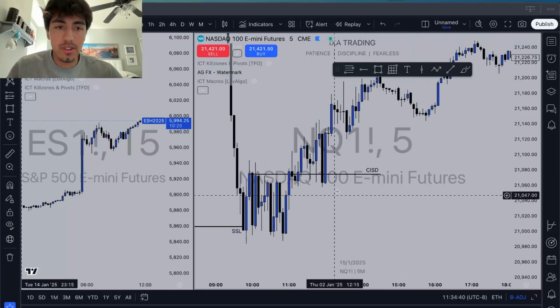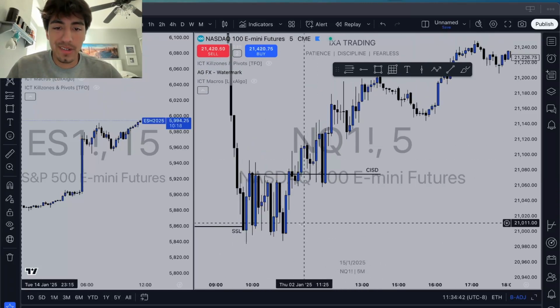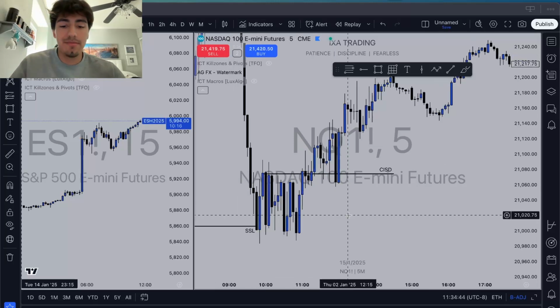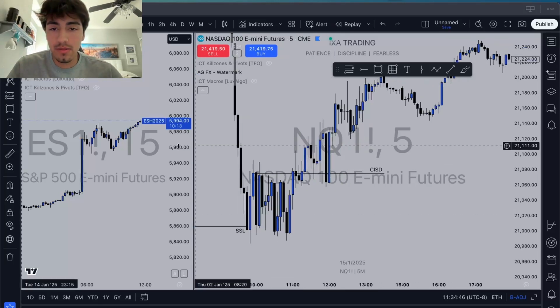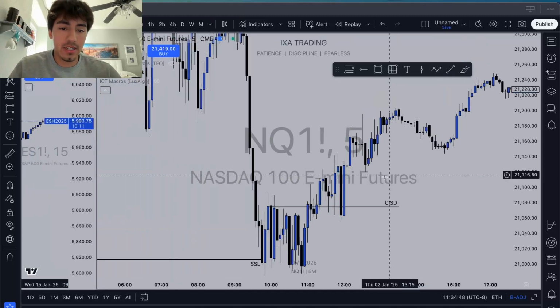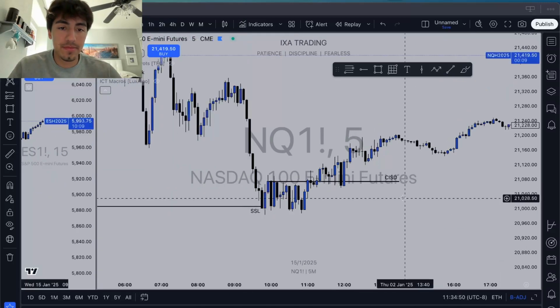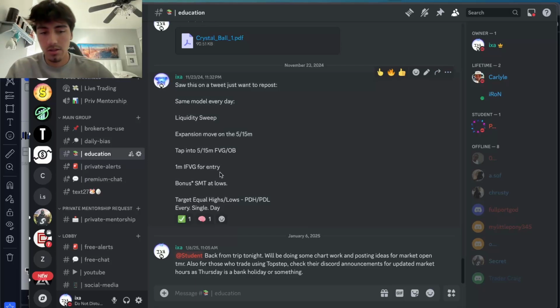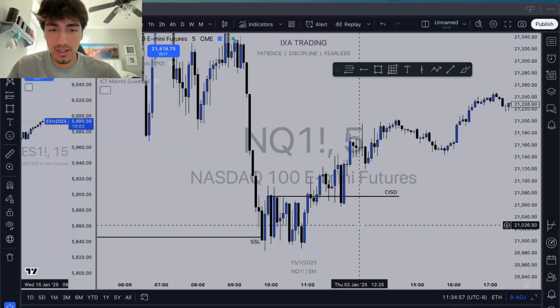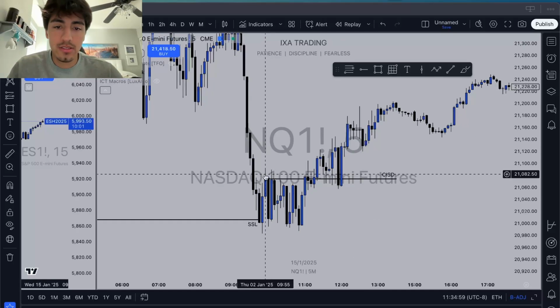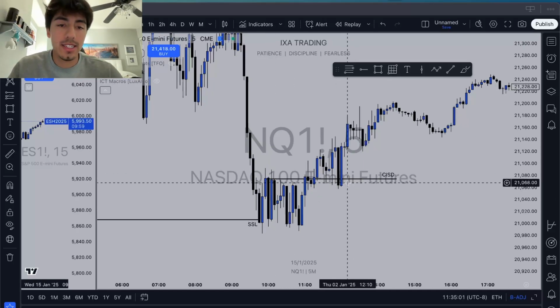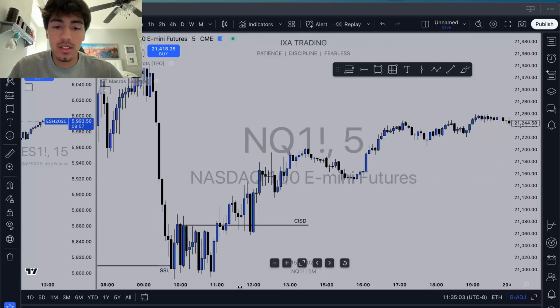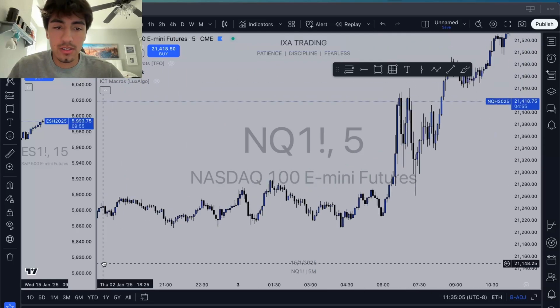There's not really a fair value gap here, not a 5 minute, not really a 15 minute either. But again, time frame alignment. I don't really have to wait for a 15 minute or a 5 minute. We have order blocks, we have everything. So just based off this, once we get this CISD right here and the CISD holds, I'd be looking somewhere in this area to take longs.